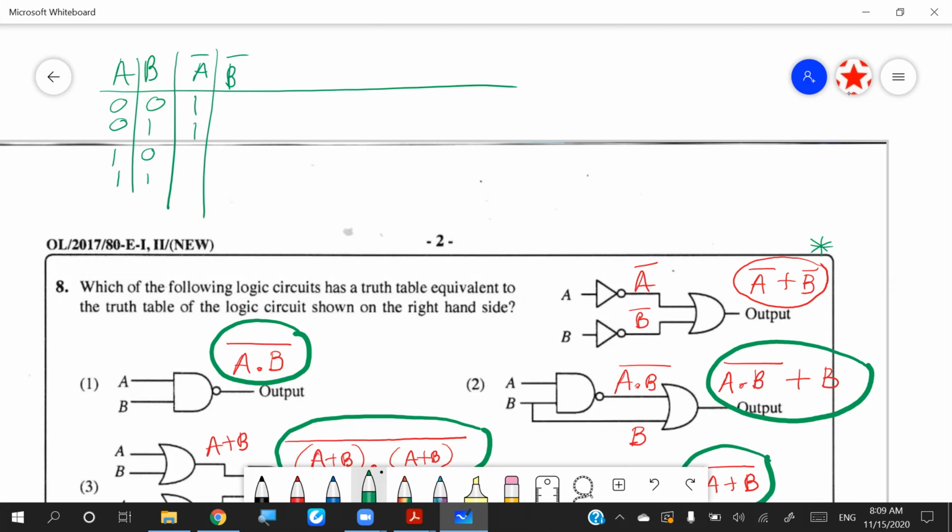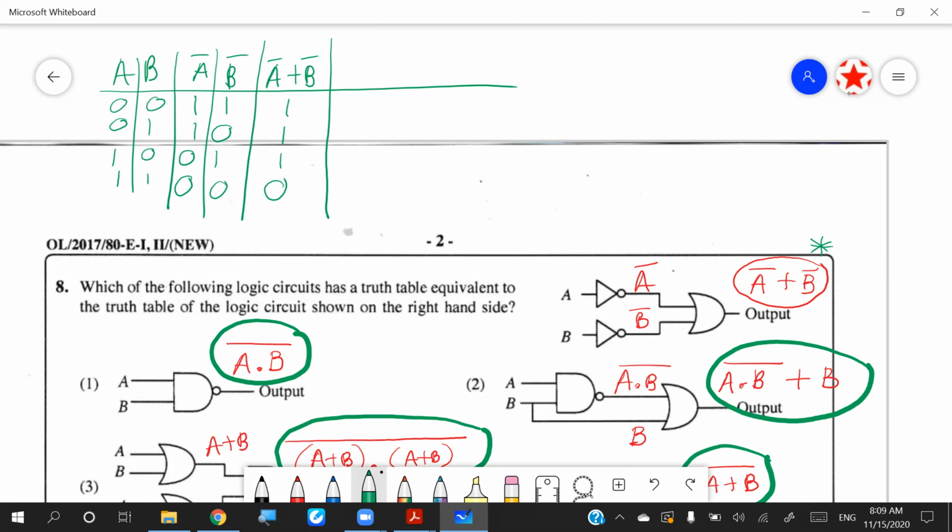So it will be 1, 1, 0, 0. And this is 1, 0, 1, 0. And for A bar plus B bar, you are going to have the addition of these. So 1 plus 1 is 1, 1 plus 0 is 1, 0 plus 1 is 1, 0 plus 0 is 0. So this is going to be the output of the A bar plus B bar.